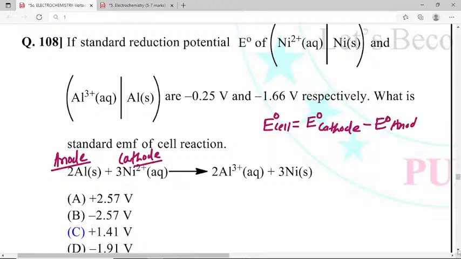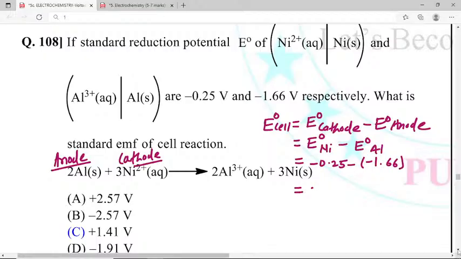So what is the E naught cathode? E naught cathode is nickel minus E naught anode, anode as aluminum. What is the nickel value here? Nickel value first, minus 0.25, minus aluminum minus 1.66. So minus minus become plus. Minus 0.25 plus 1.66 is equal to 1.41.